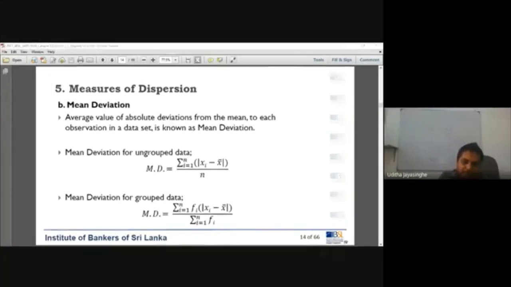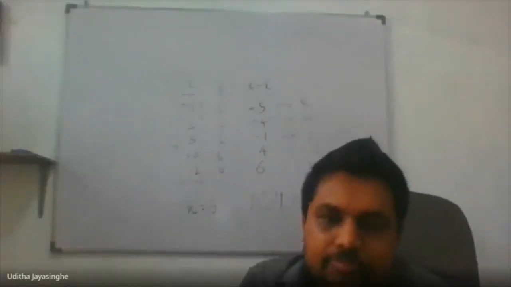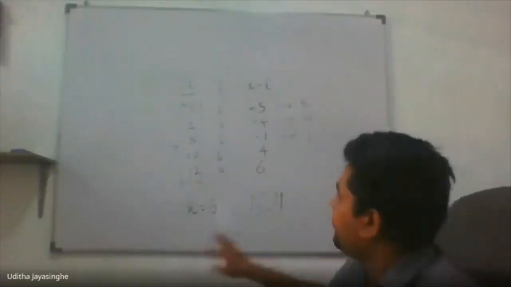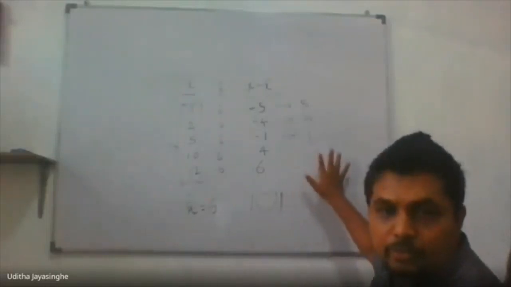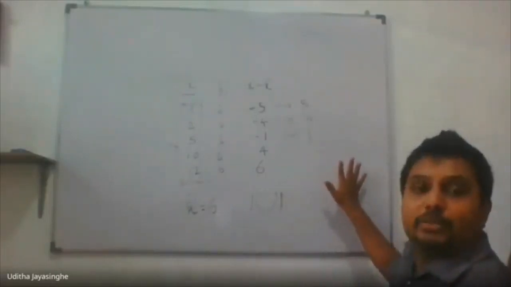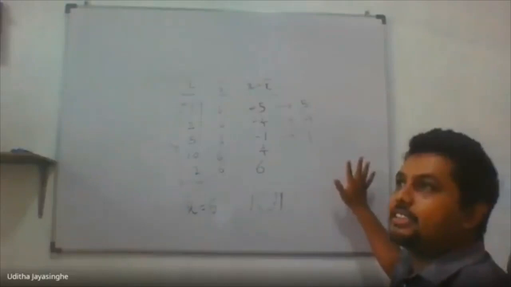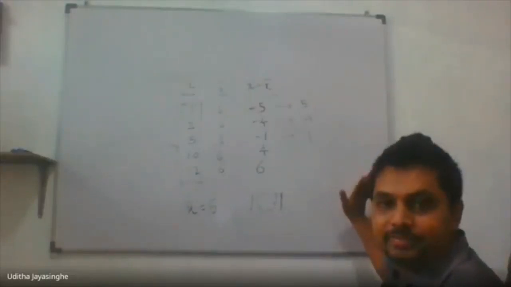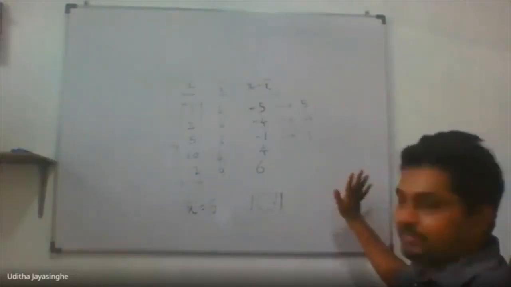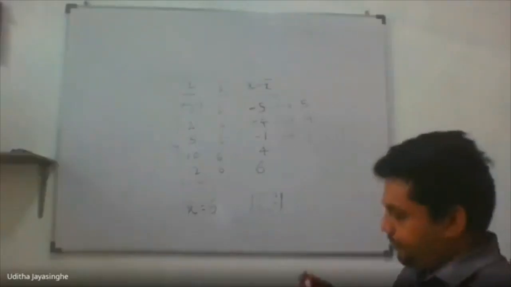We'll go back to our board example and see how you can calculate it. I hope the board is still visible to everybody. My lighting condition is getting darker. It's okay, right? Yes. Thank you.